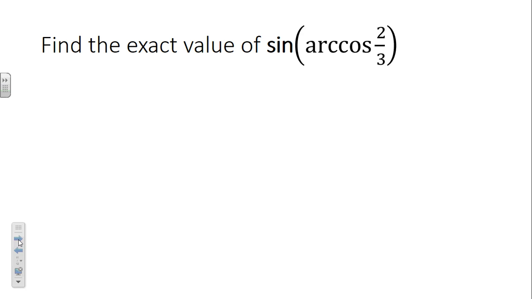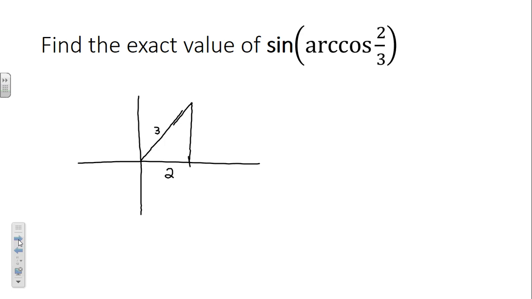Sine of the angle whose cosine is 2/3. Adjacent 2, hypotenuse 3. Everybody agree that that would be an angle whose cosine, if I did it to scale, was 2/3?